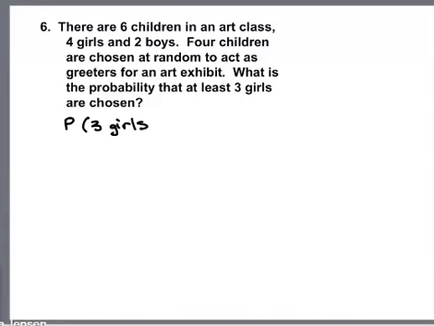Remember that they're picking 4. So if there's 3 girls, that means there has to be 1 boy in that group. But because it says at least 3 girls, that's 3 girls and a boy, or the probability of 4 girls.